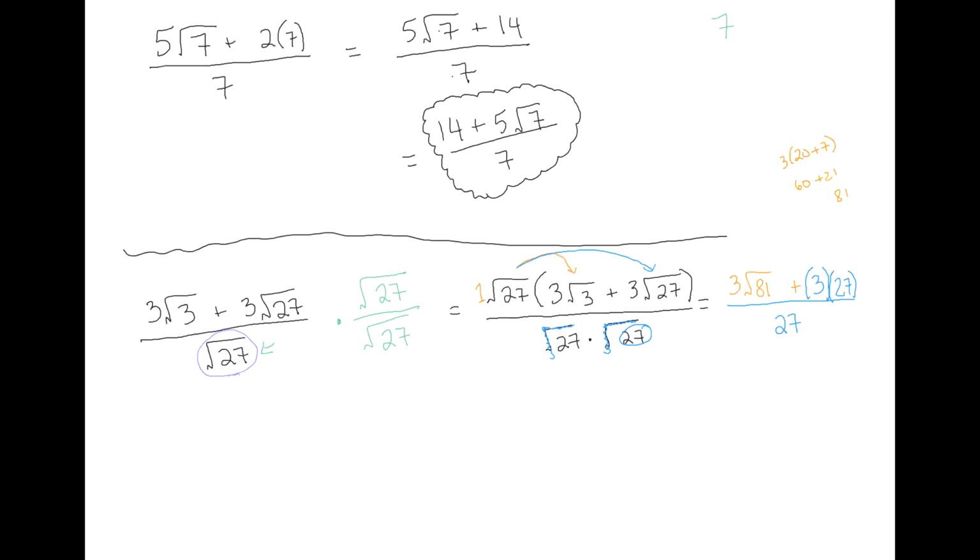So the square root of 81 is 9. 9 times 9 gives me 81. So 9 comes out and multiplies with the 3 I already have. That's 27 times 3, 81.